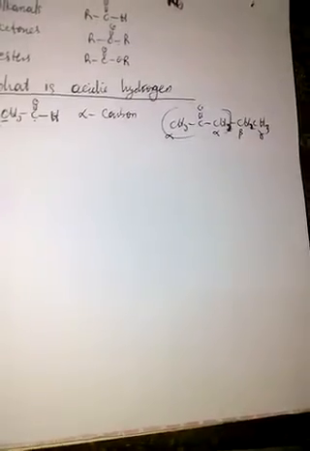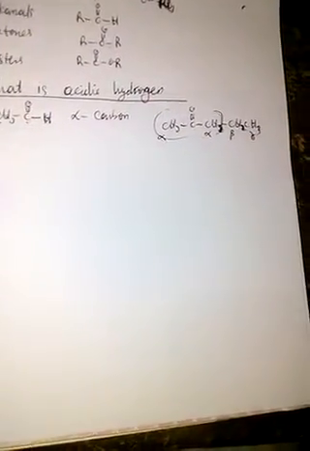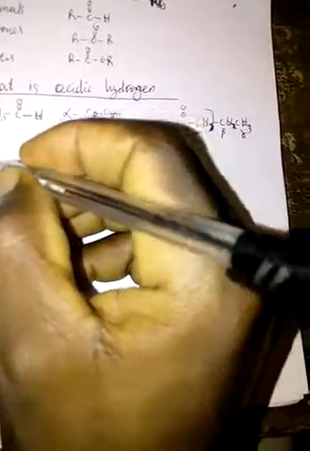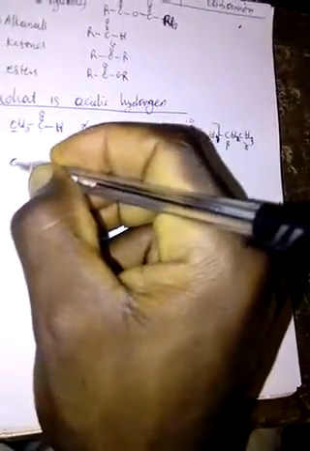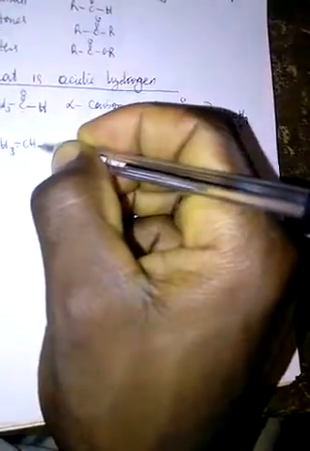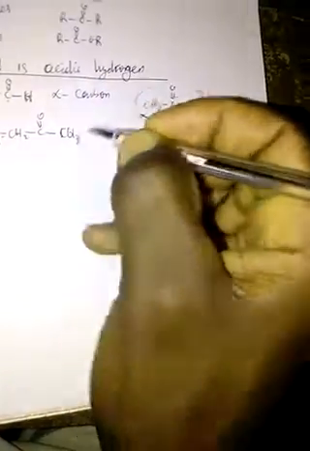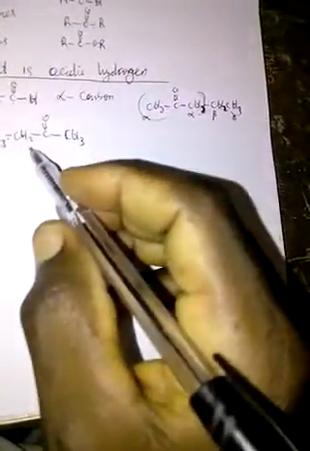So how do we recognize the number of acidic hydrogen that a particular compound has? Let me use an example: CH3, CH2, C-double-O, let's say CH3. How many acidic hydrogen does this have?